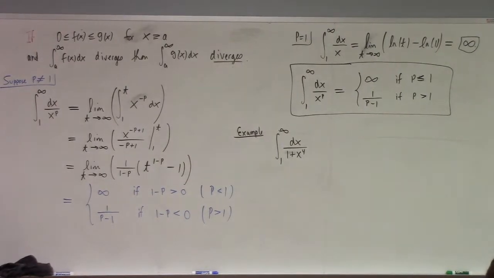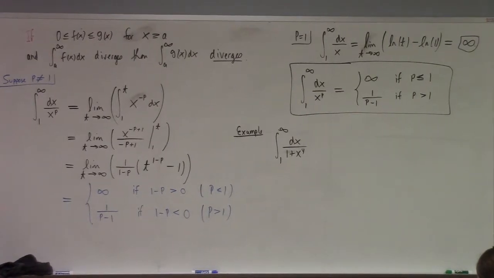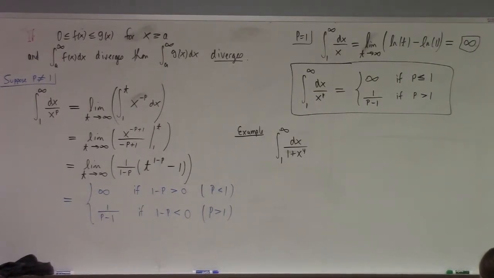Any real polynomial can be written as a product of irreducible quadratics and linears, possibly repeated, which means that it can be factored into a pair of irreducible quadratics, in fact. Can you factor 1 plus x to the fourth into a pair of quadratics and then do partial fractions to split that up into two pieces, do those two integrals, each one of them is an arctangent. It stands to reason that if you did enough calculation, you'd be able to show that it converges.